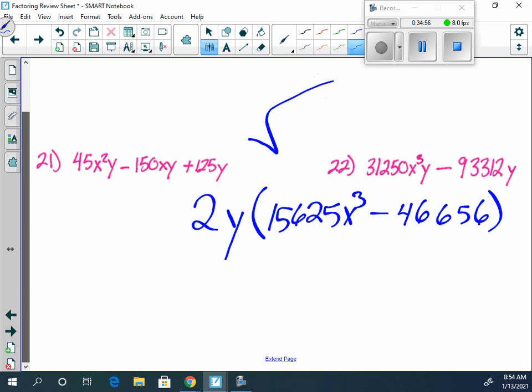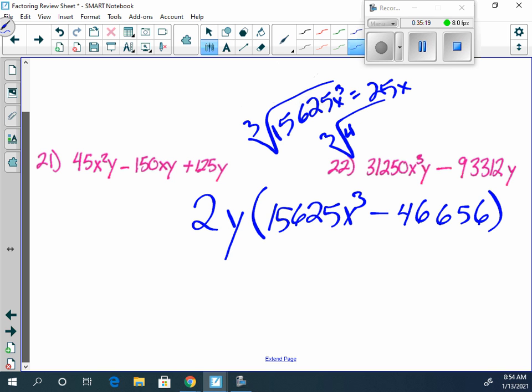Cube root of 15,625x cubed is, it's either 25 or 36. It is 25x.